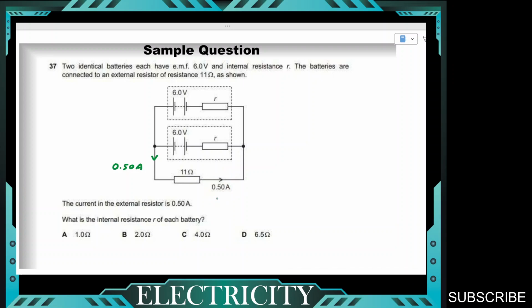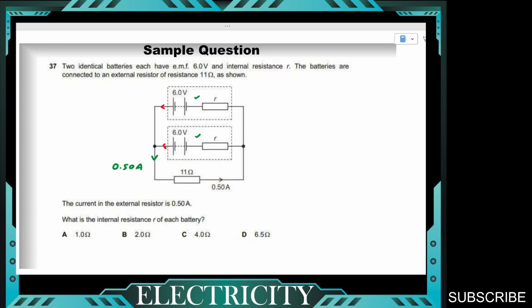So what you can do is, you can think of it, you have two identical batteries, and the combined current of these two batteries is 0.50 amperes. So the first question would be, would we be able to guess the individual current of both the batteries for which the combined current is 0.5?